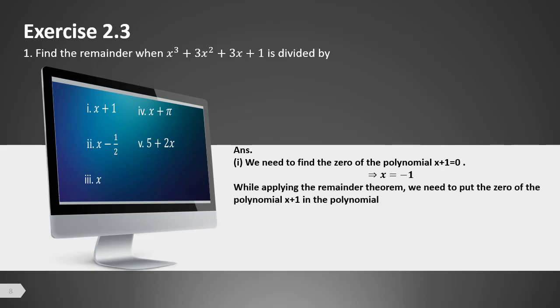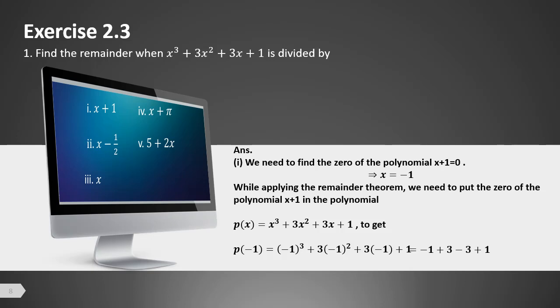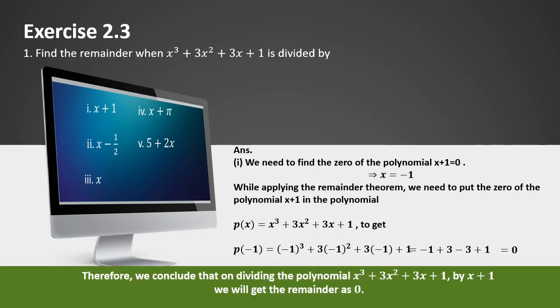While applying the remainder theorem, we put the zero of x plus 1 in the given polynomial p of x. Put x equal to minus 1, so p of minus 1 is minus 1 whole cube plus 3 into minus 1 whole square plus 3 into minus 1 plus 1. Simplify all the steps: minus 1 plus 3 minus 3 plus 1, we get the remainder 0. Therefore, we conclude that on dividing the polynomial by x plus 1, we get the remainder 0.